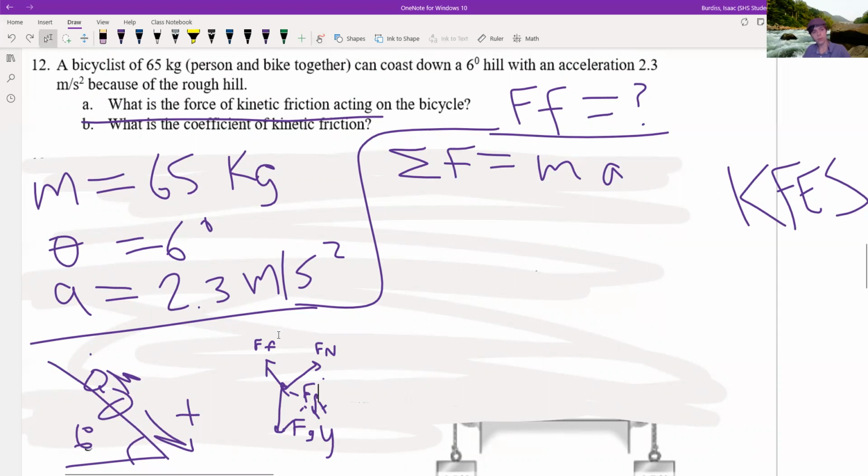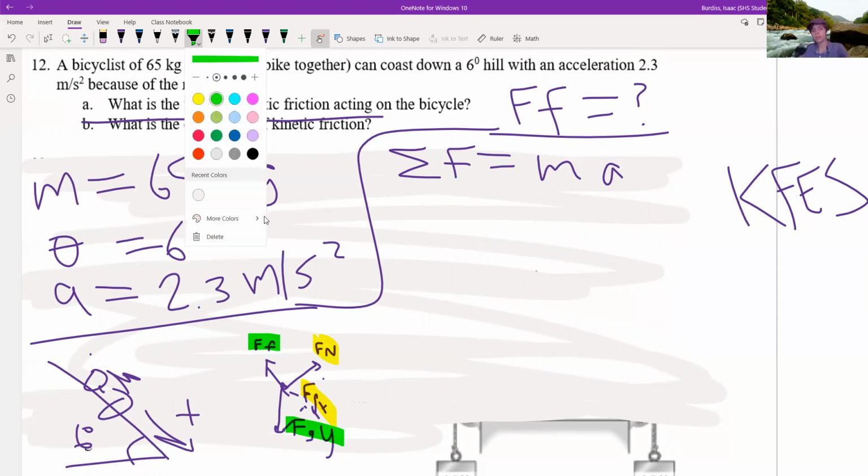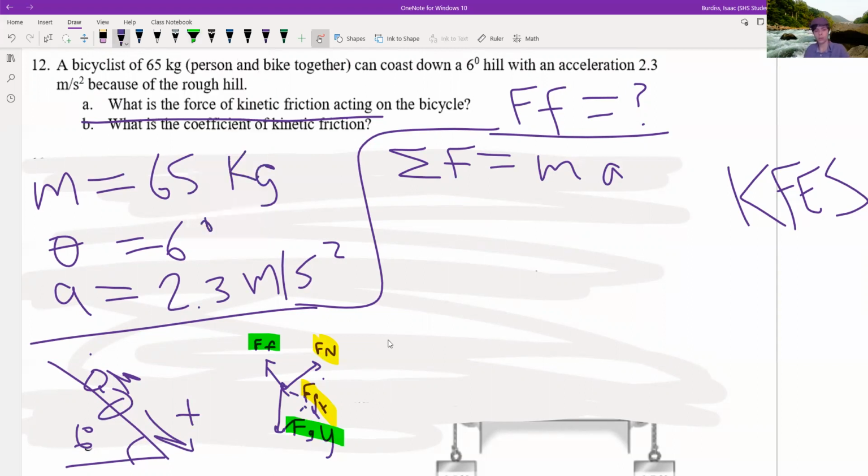Of course, for some reason, I push the highlighter button and it doesn't do anything. That's positive. That's positive. And then I'll do what opposes the motion. That. Well, the gravity doesn't oppose the motion, but whatever. It's just because normal force is positive, right?